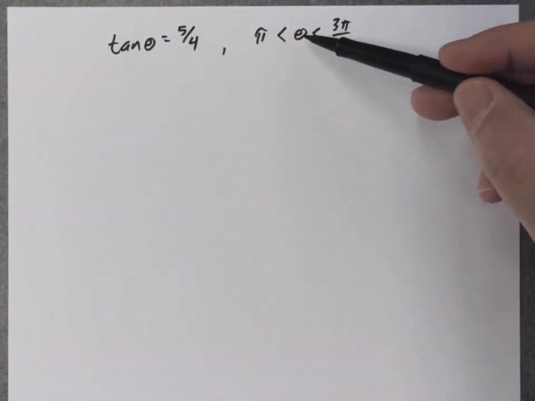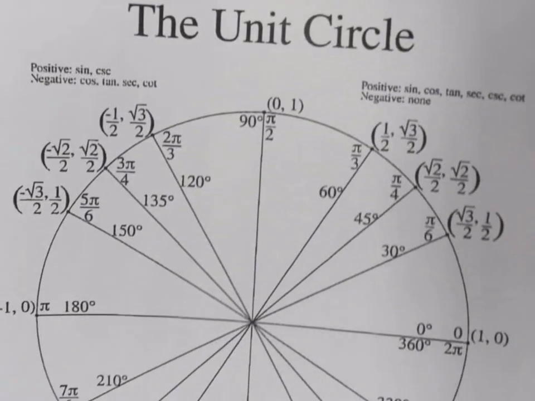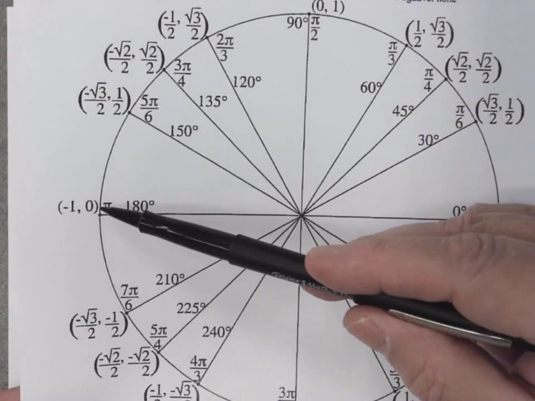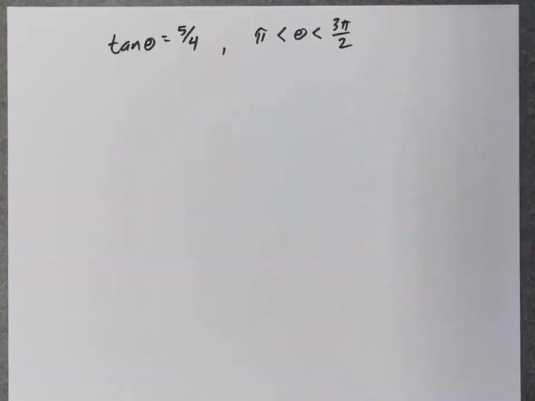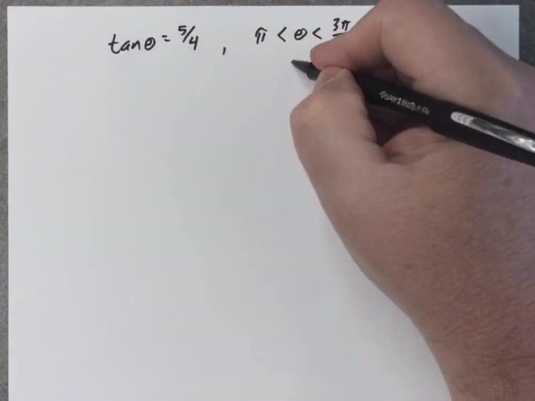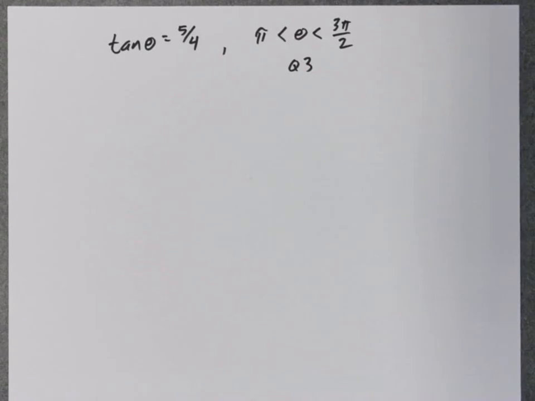So if theta has to be between pi and 3 pi over 2, hopefully all of you will know which quadrant it is, but just in case, or if you want to be sure, you can use your unit circle. Here's pi, here's 3 pi over 2. So I'll make a note here that this angle theta is in quadrant 3.